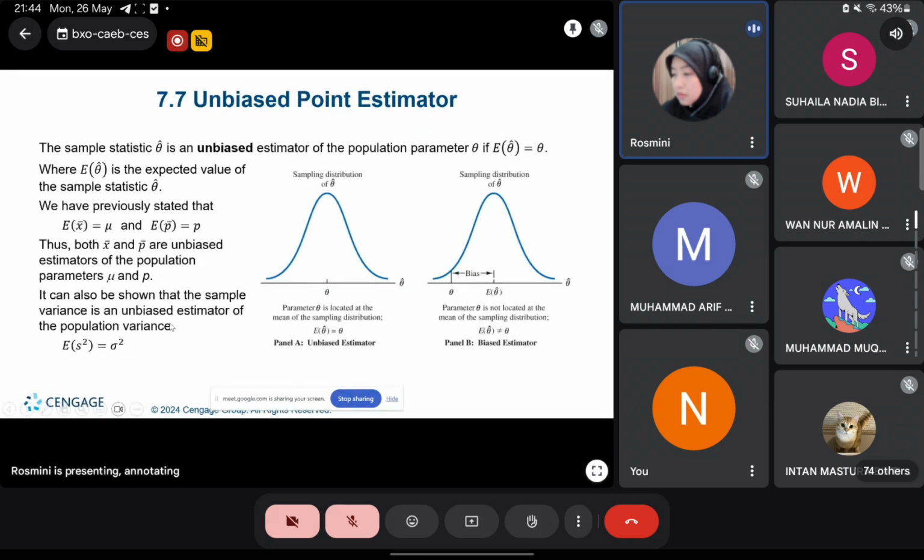The sample statistic theta is unbiased, theta hat. You have a small hat over the theta. A bar means the straight one, and this is what we call a hat. So you have sigma, you have alpha, you have theta.